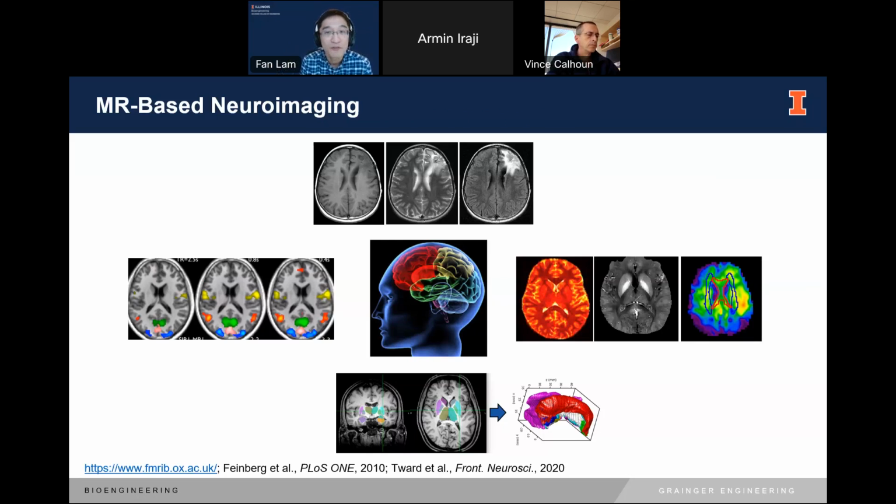And this has really transformed the study of the human brain in vivo for the past 2 to 3 decades.